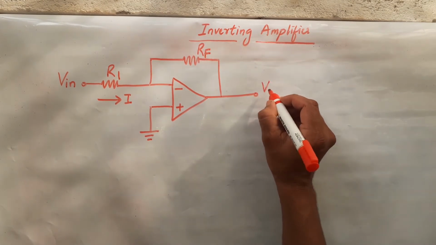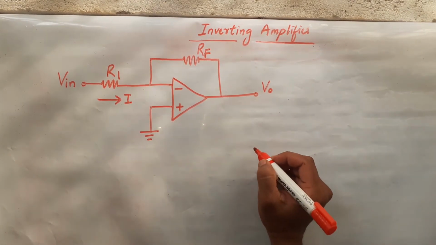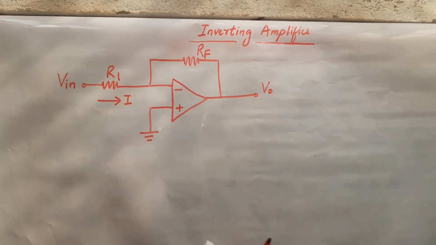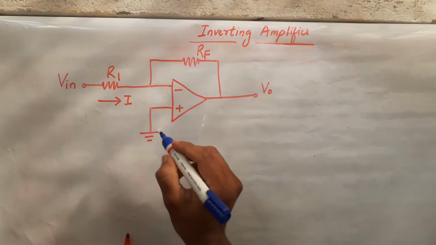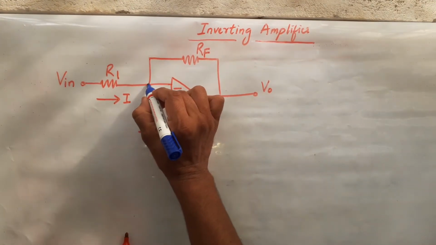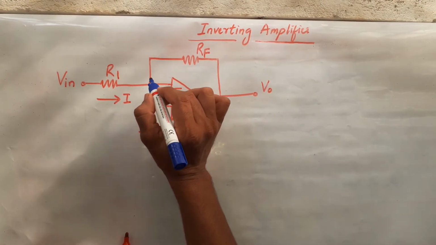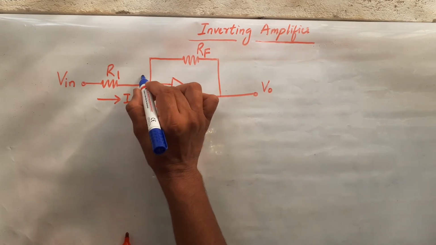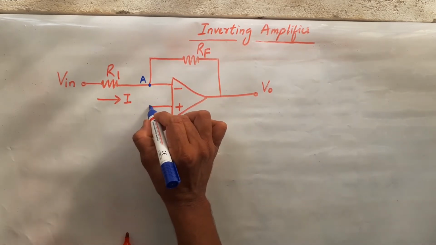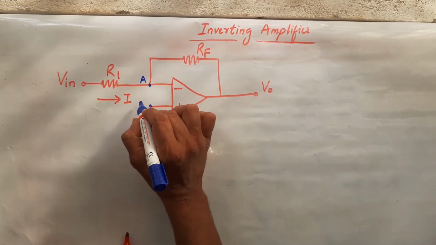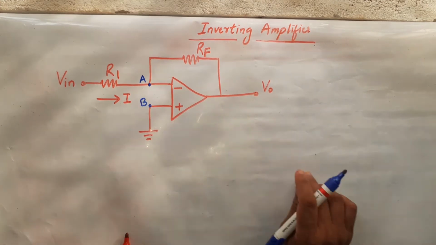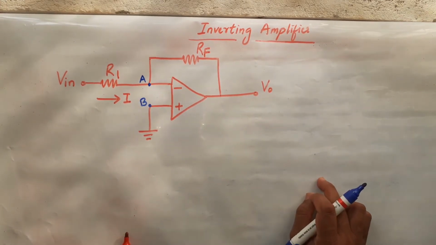The output is going to be V0. See here we have a node, let me call this as A, and let me consider this as node B.